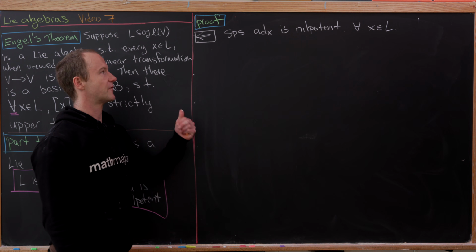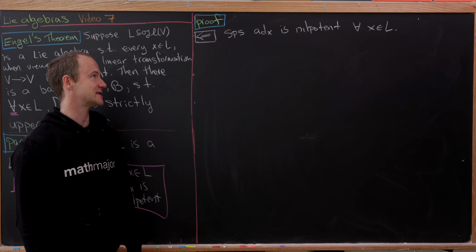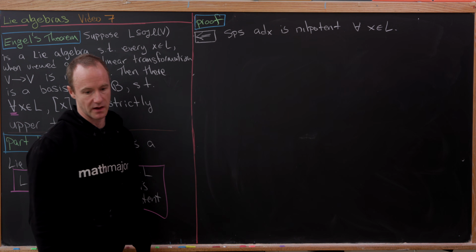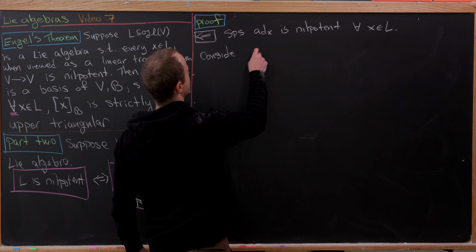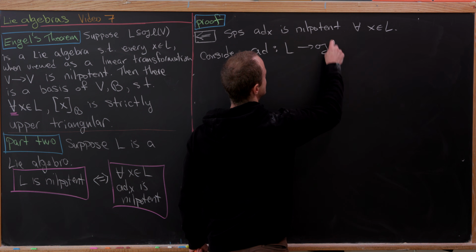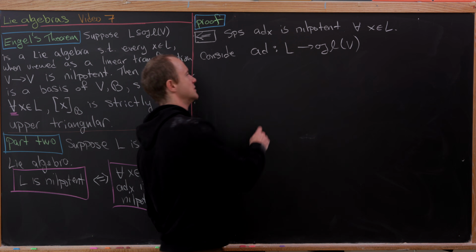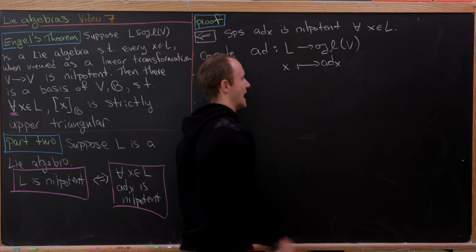For the reverse direction, we'll start with the assumption that ad x is a nilpotent map for all x within the Lie algebra L. And then we want to consider the following map. I'll call it the ad map, and it goes from L to GL(V). What does it do? It takes an element x and sends it to ad x.